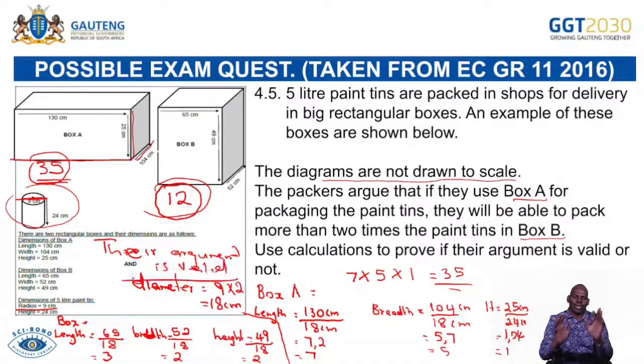You take the area of the container and divide it by the area of the content that must be packed in, or you take the volume of the container and divide it by the volume of what must be packed in. So that is wrong, forget about that one. This is one way of doing it. So very important that you use the practical method.